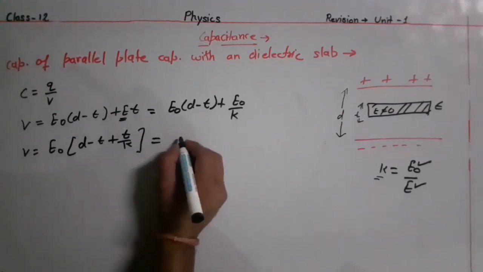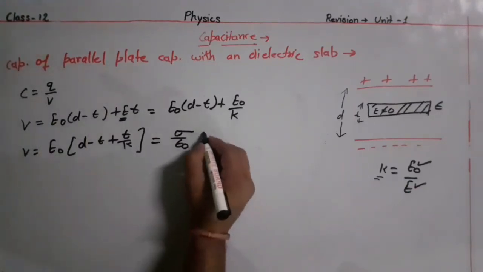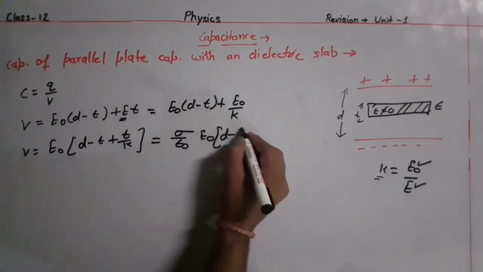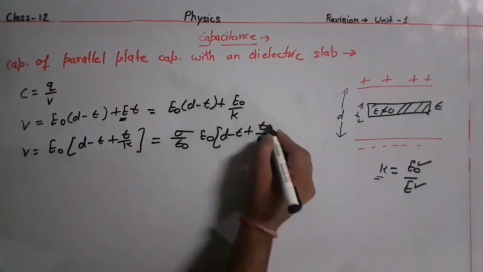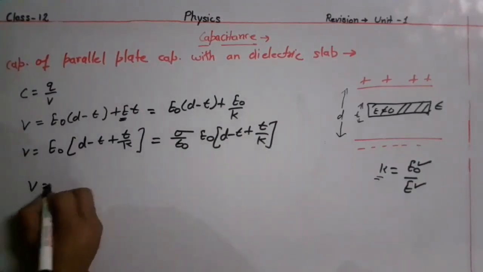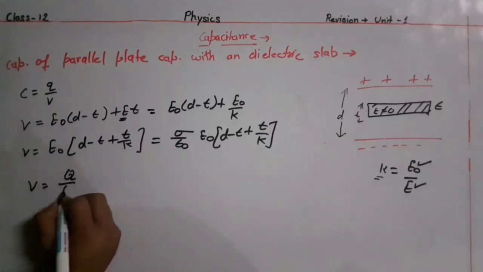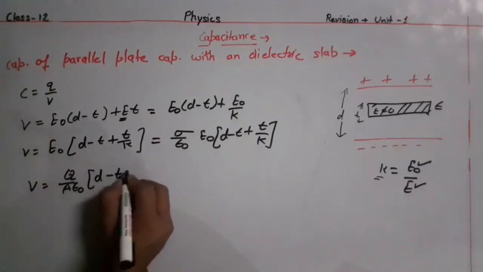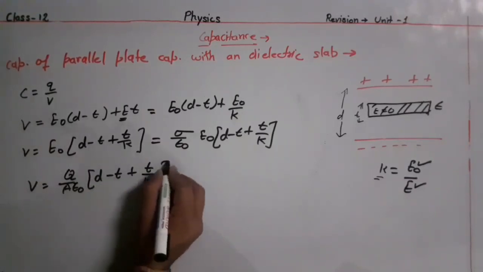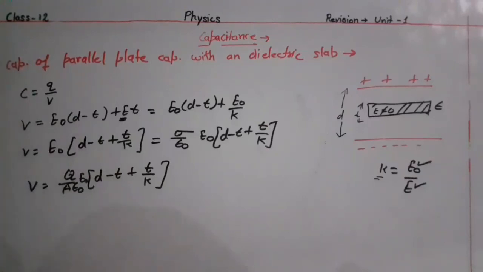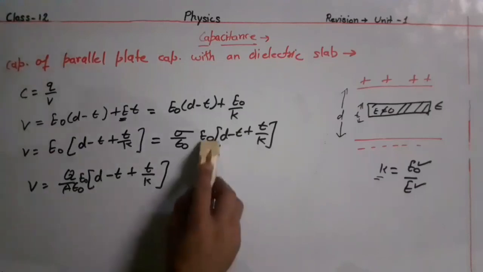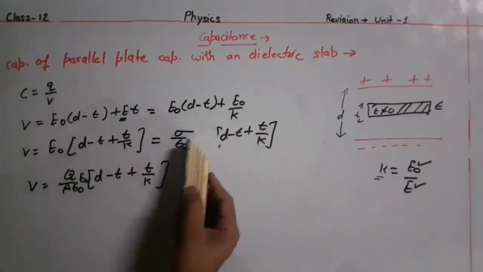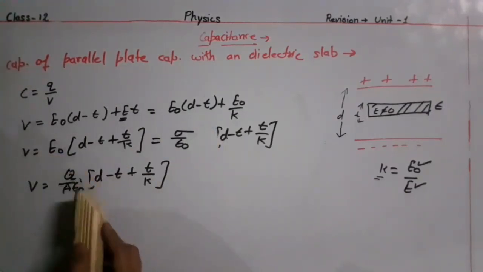Next, by putting the value of E naught, which is sigma by epsilon naught, into D minus T plus T by K, and putting the value of sigma, which is Q by A, we get Q by A epsilon naught into D minus T plus T by K. Sorry beta, here we have put the value of E naught as sigma by epsilon naught, so we will not get this E naught.